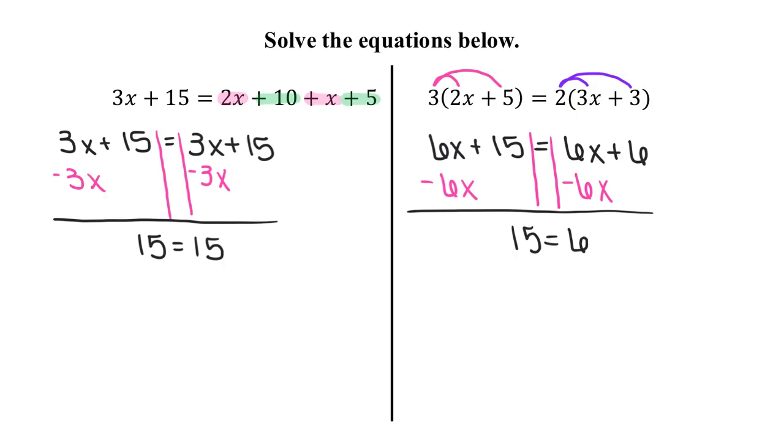All right, here's where we run into something. Which side of those is a true statement? The one on the left, because y'all, we know that 15 is equal to 15, right? Yep. Okay, when the variable cancels completely out of the problem like this, if the last statement is true, 15 equals 15, we said that this has infinite solutions.